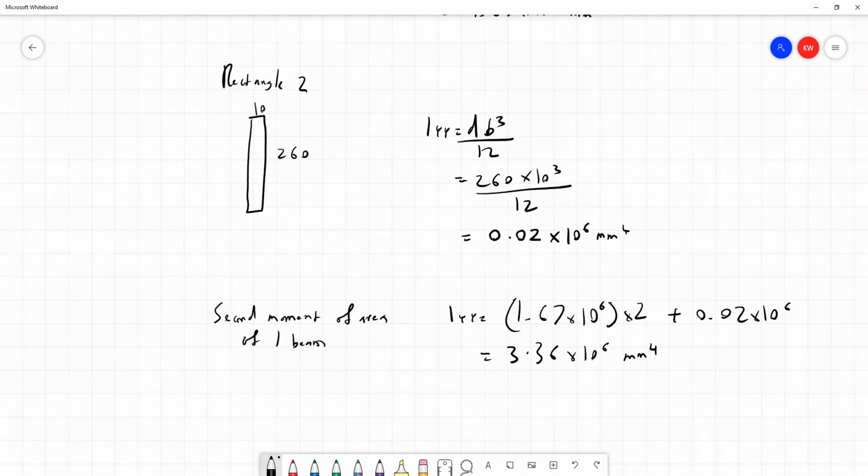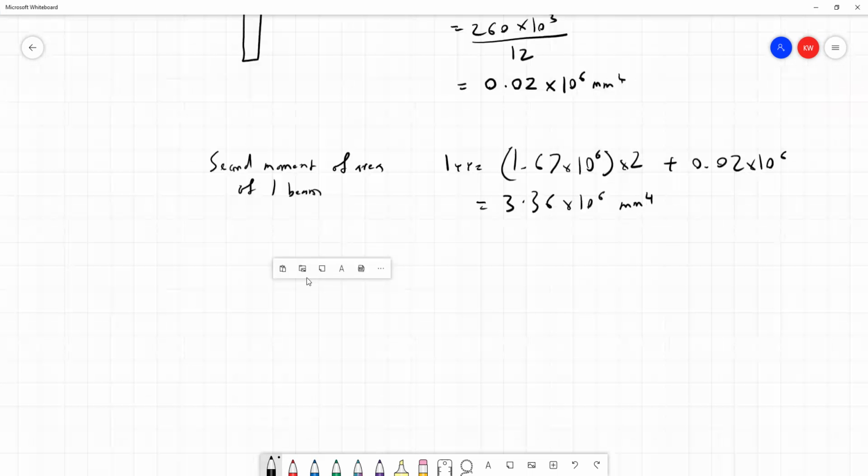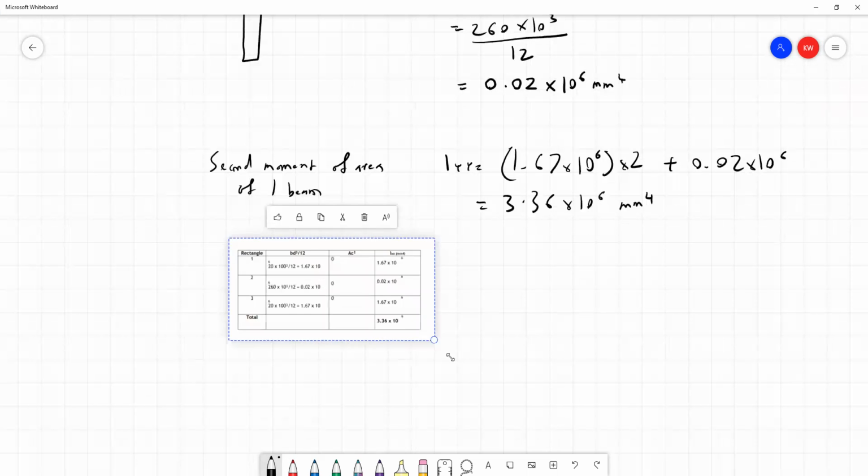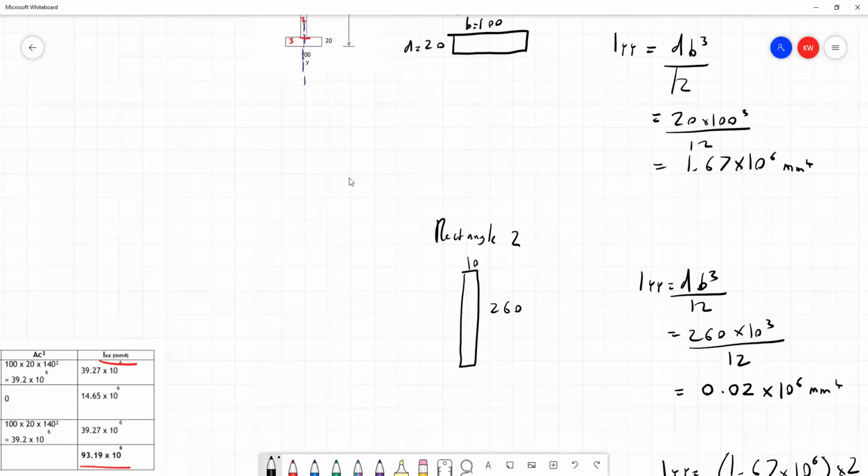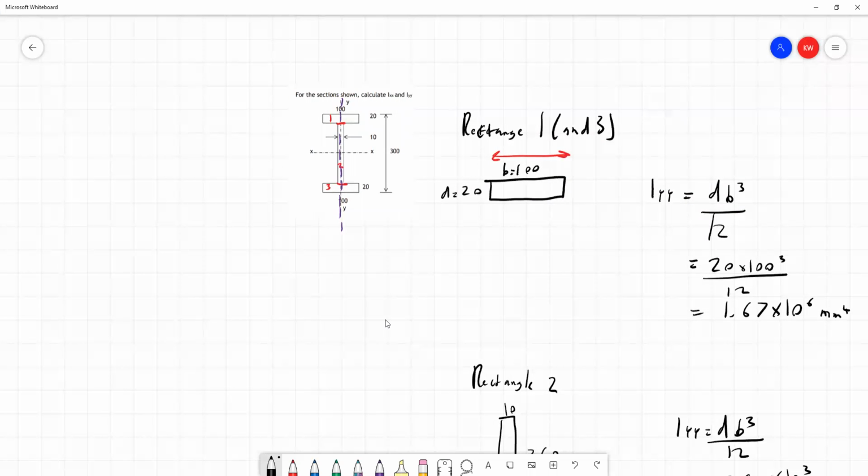And again, the course notes has a nice little table, but of course, I'll show you just to conclude. But of course, in the table, all of the values in their AC square column are 0, because remember, if we look at our shape here, there's no distance between this vertical axis and the vertical axes of each of the shapes, because they all are lined up.